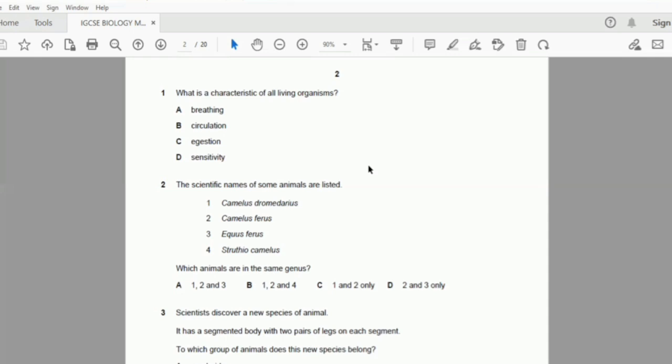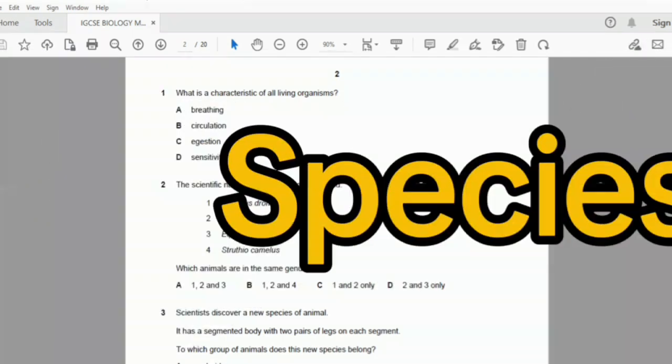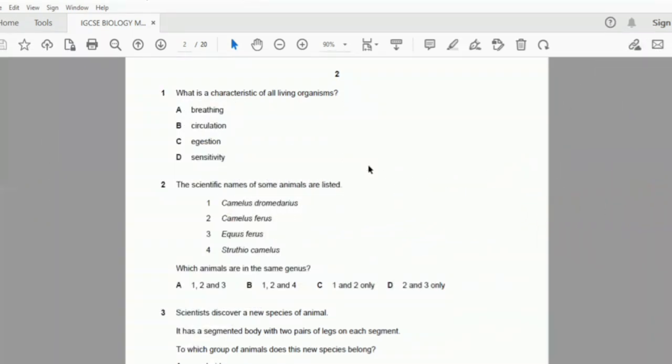If you remember the binomial nomenclature introduced by Carolus Linnaeus, where we use two names to classify living organisms, the first one is the genus, followed by the species name. The genus starts with an uppercase letter, while the species starts with a lowercase letter.